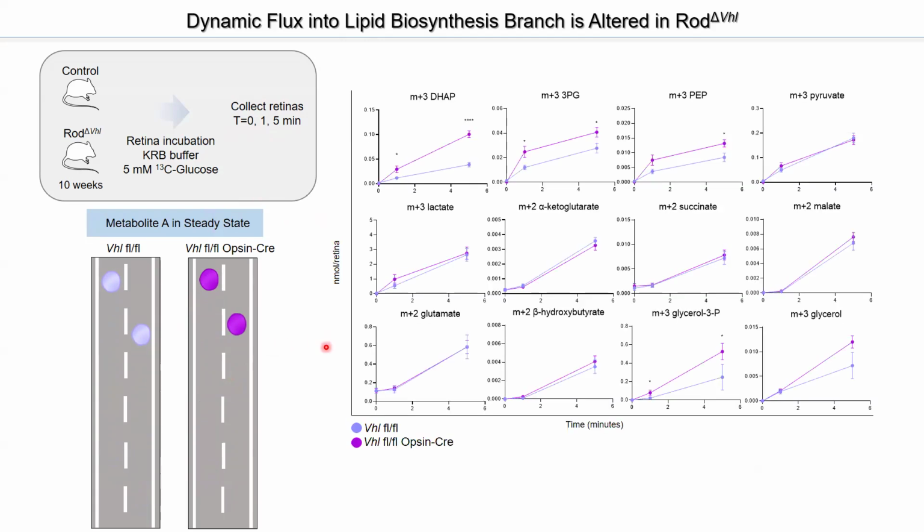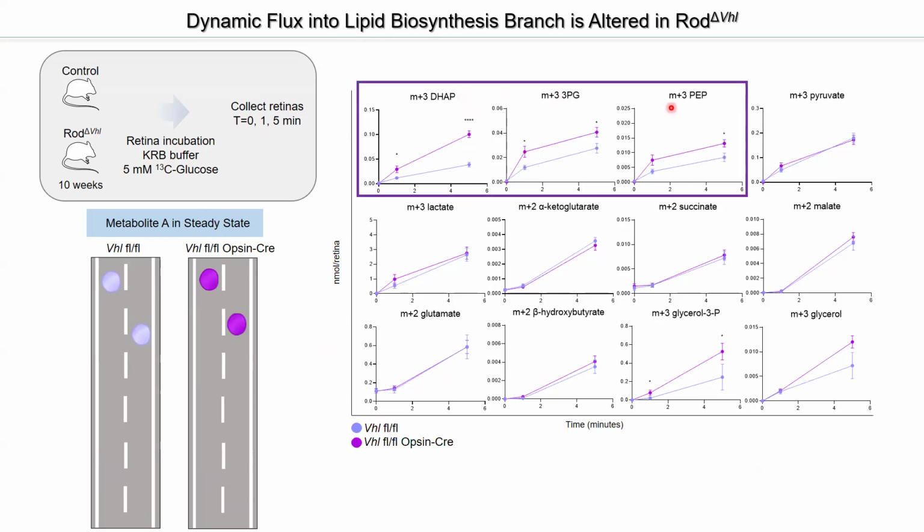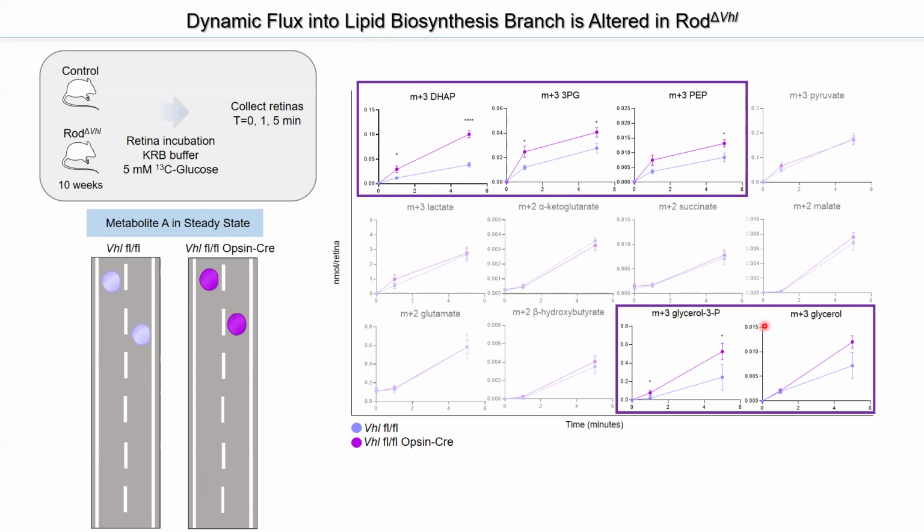And when we look at this data, we actually saw an increase of the labeling in the rod VHL mice in DHAP, 3PG, and PEP, and on the other hand, in glycerol-3P and glycerol. So what this then suggested, or what we hypothesized, is that there must be some changes in the fatty acid biosynthesis inside the VHL mice.